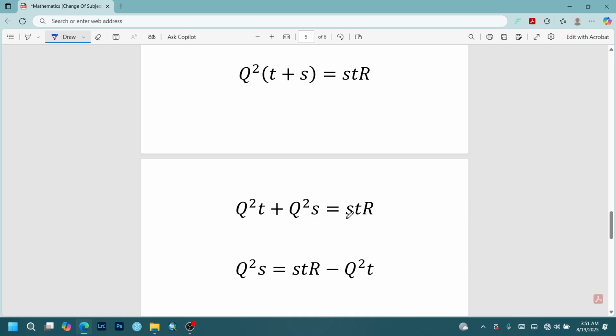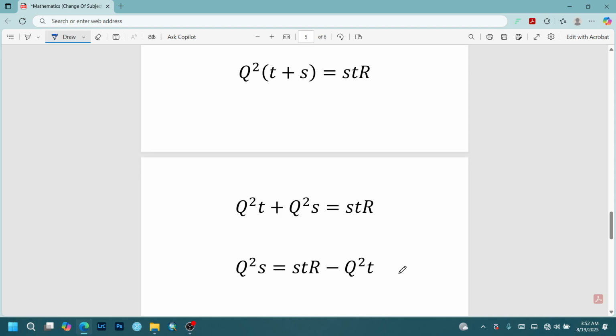If it's a positive variable, it will change to become a negative variable. If it's a negative variable, it will change to become a positive variable. So this variable here, k squared t, is a positive variable, so it will change its form when it crosses the equal to sign to become a negative variable, right? So we have our new equation here to be k squared s equals str minus k squared t, right?